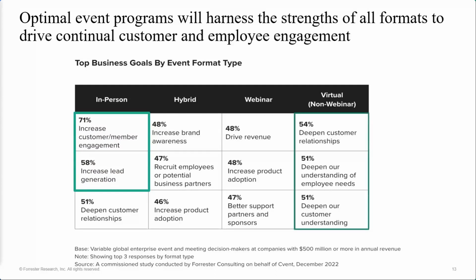Now, the opposite end of the scale is the virtual formats. And we find that this is really about expanding customer understanding. One of the biggest advantages of digital is the amount of data that you can collect while reaching even larger audiences that, for many reasons, still don't want to come or can't come to the physical in-person format.